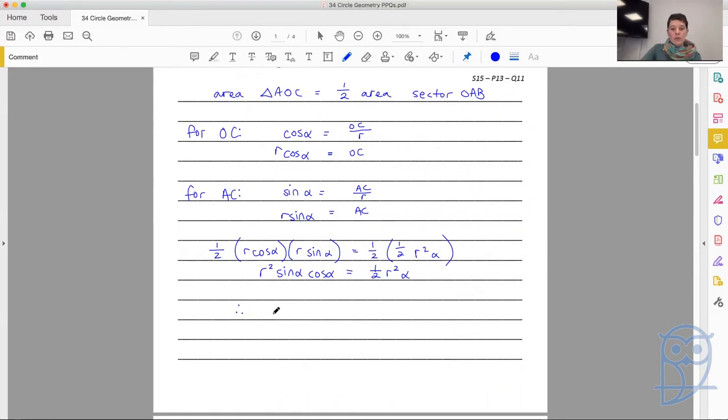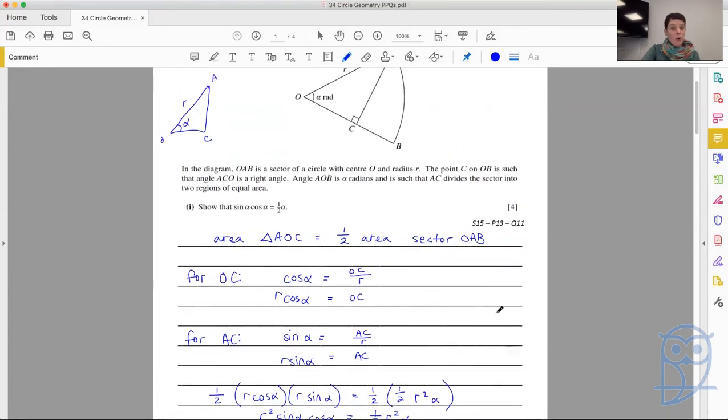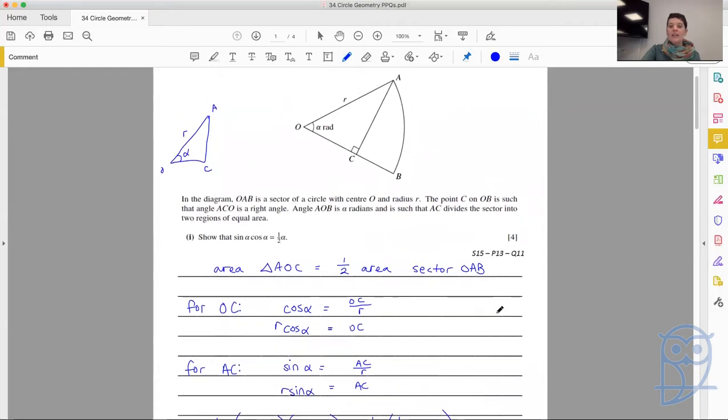So therefore, sine alpha cos alpha equals 1/2 alpha, shown. Just because it's slightly different and just because we're doing more calculations for our show that, it still responds in exactly the same way to building the relationships and then working through the calculations.